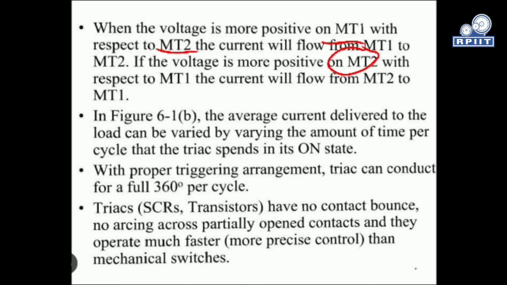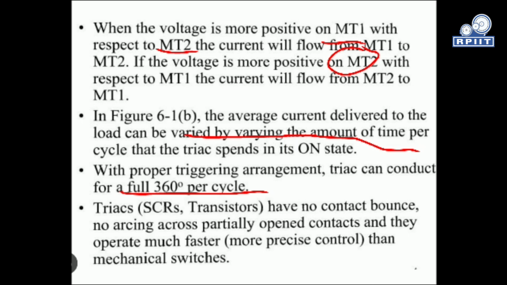The average current delivered to the load can be varied by varying the amount of time per cycle that the triac spends in its on state. One of the main advantages of the triac is that with a proper triggering arrangement, it can conduct the full 360 degrees per cycle.